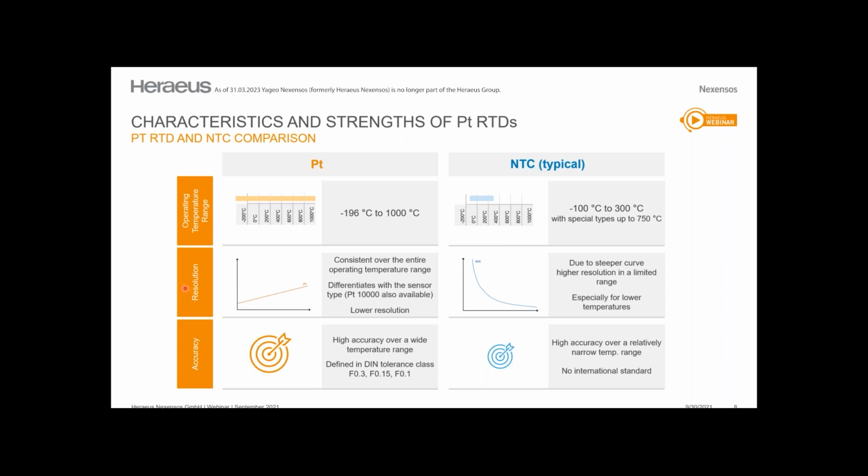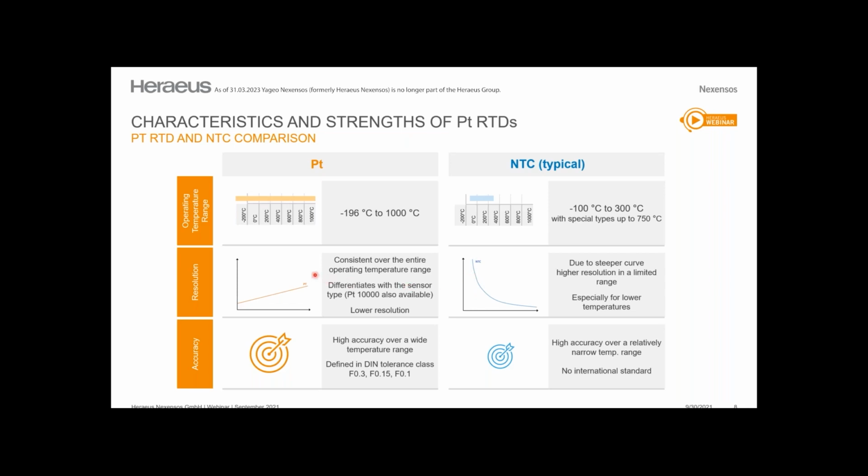The next point, we could already see on the slide before actually. The NTC has a very high resolution and consequently a strong slope of the characteristic curve, especially for low temperatures. So in that range here.